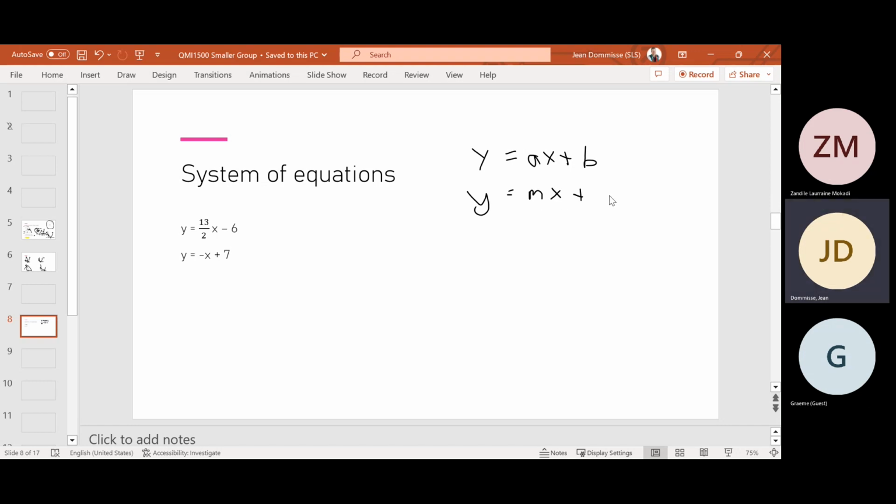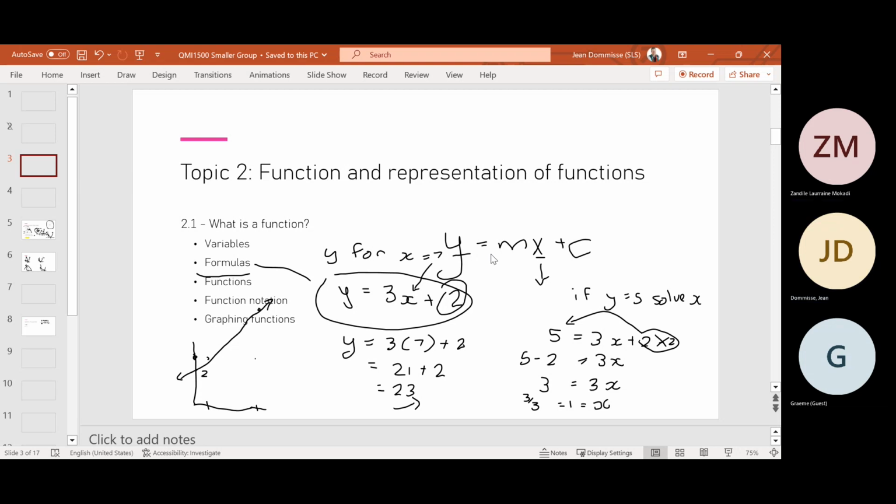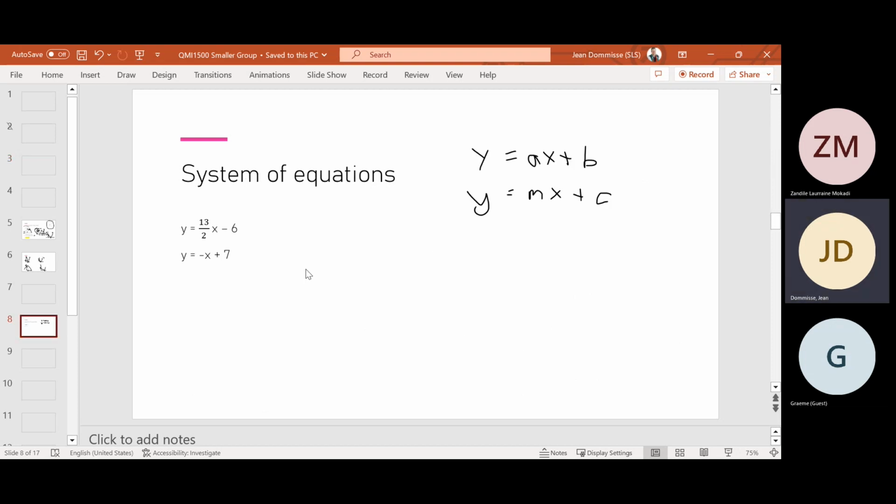So I think what is important with this system of equations is that it is exactly the same as when we started off with what is a function. So again, there are so many things that they can use to describe it, but this again is straightforward, the same as in the previous work.